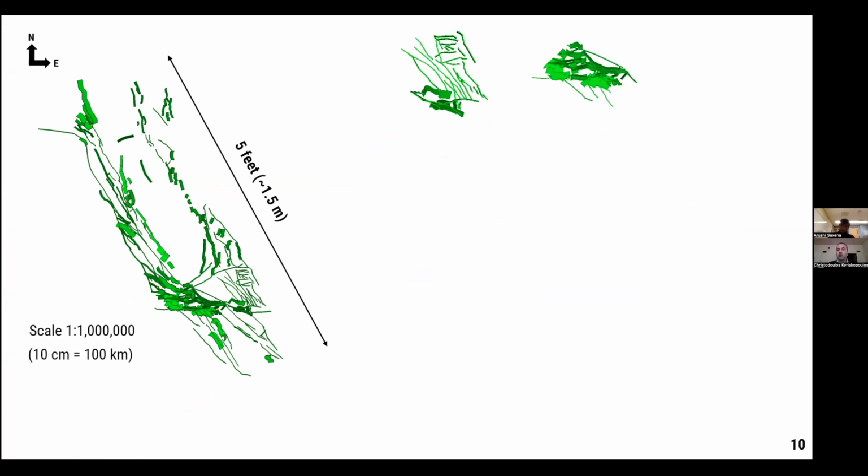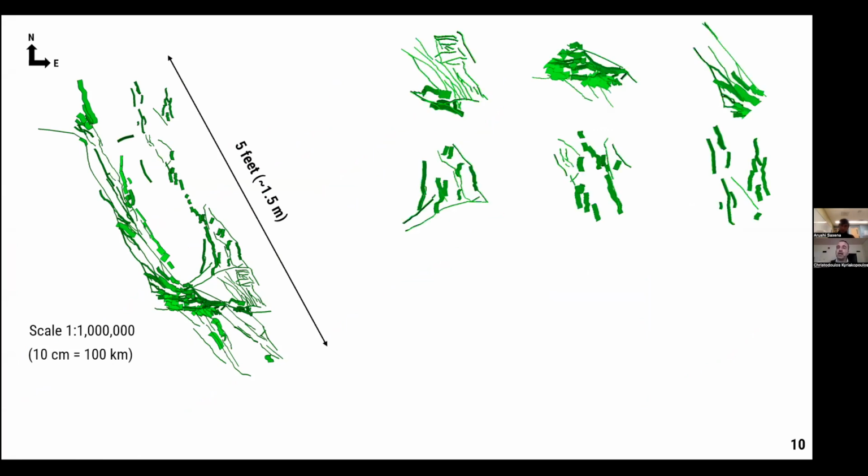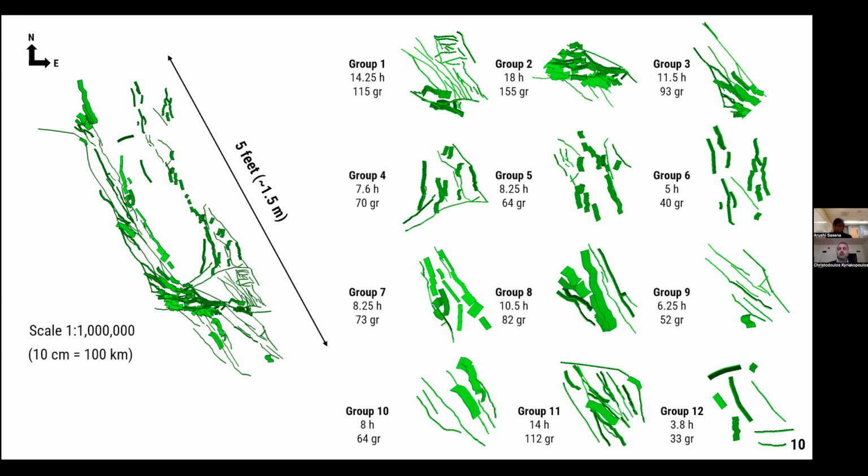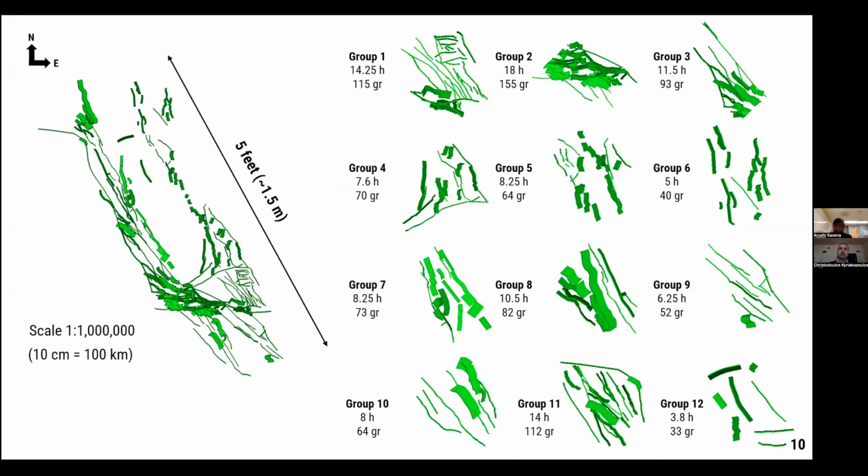And we have, however, in order to be able to 3D print it, to divide it in many groups. And each of these groups requires a different 3D printing time and a different amount of 3D printing filament.